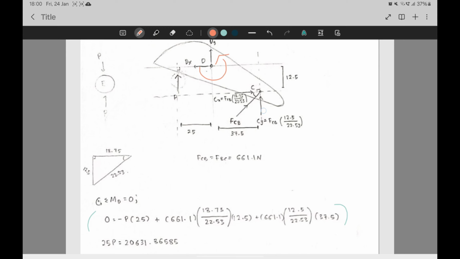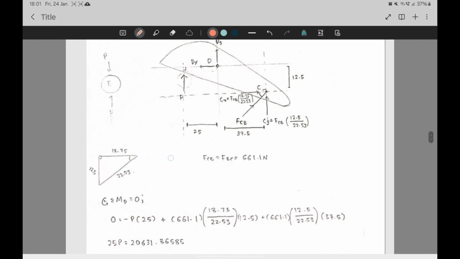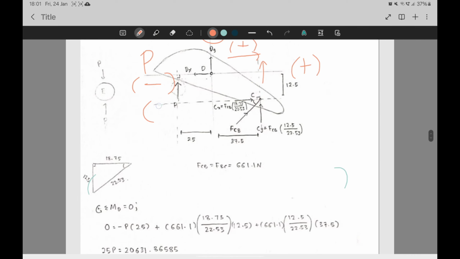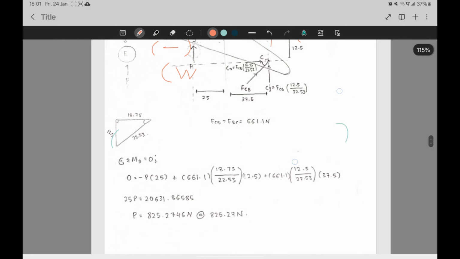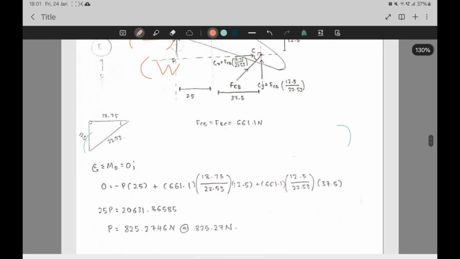So the CY is positive, CX is positive, and P is negative. This one is clockwise. So the solution was here.